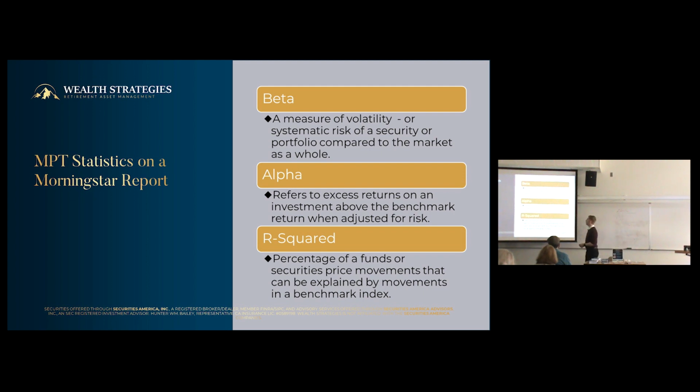So that's one thing that you can use to help evaluate whether you're actually paying for something that's worthwhile or not. Now, obviously, you can also have stronger returns with a really high R squared, but again, all of these things together can help you evaluate your securities or funds or portfolio as a whole.